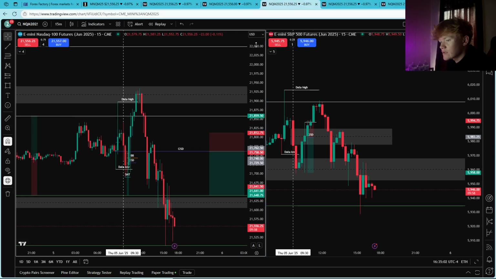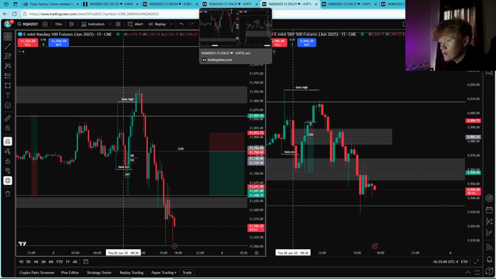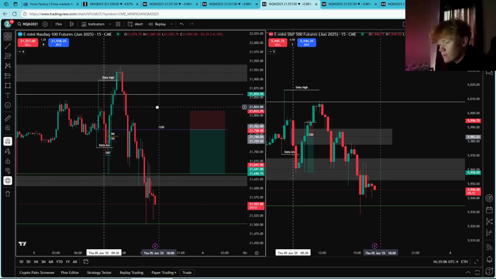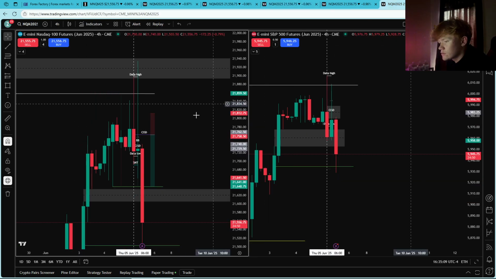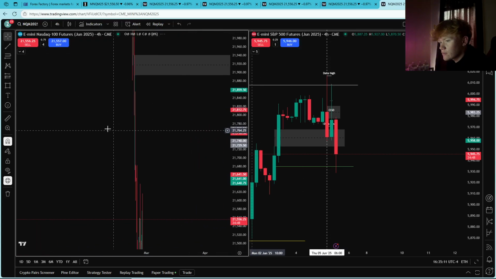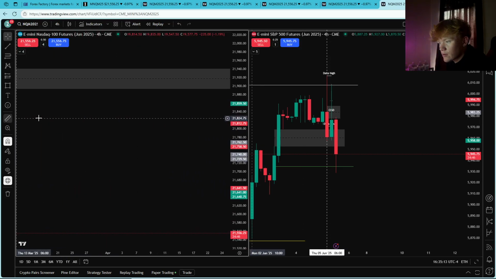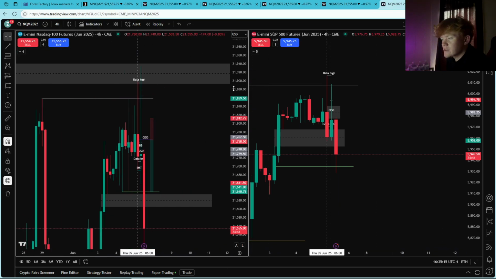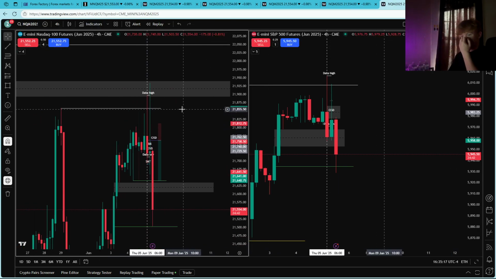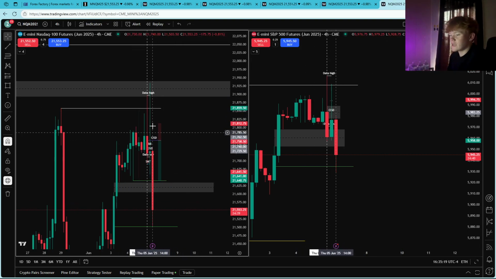What's the CISD that it tapped? Is that a 4 hour gap? It is a 4-hour gap. Okay, so price tapped. Basically what I made pretty much my bias on, which was kind of correct.